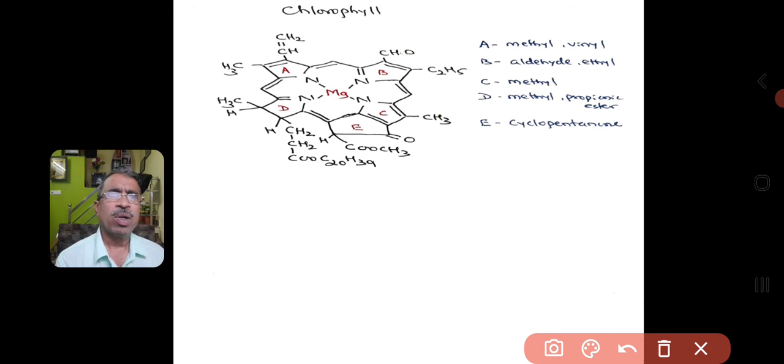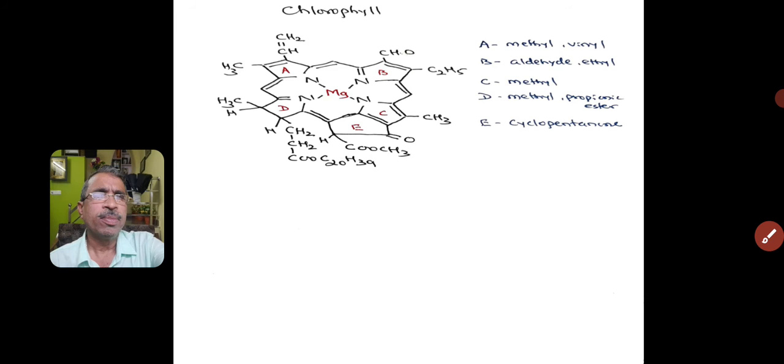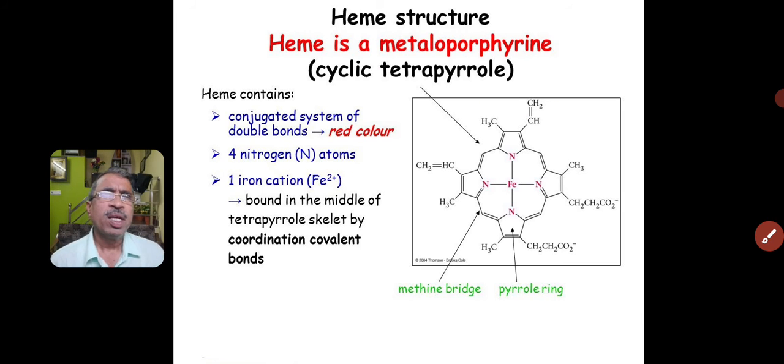So in chlorophyll, we have 5 cyclic rings, A, B, C, D and E. E is the cyclopentanone group. Now coming to the structure of the heme. Whatever structure I have drawn there, the same structure is drawn here also.